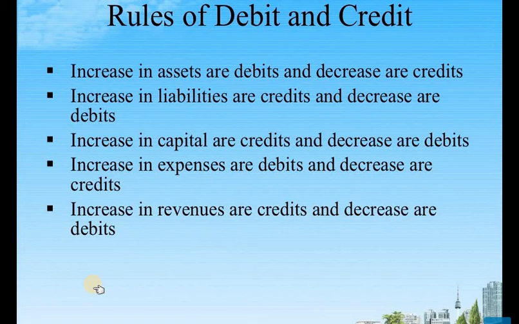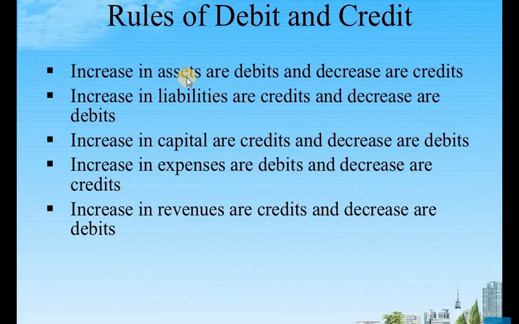So we have again the rules of debit and credit. Why we have to debit, why we have to credit? When you know the rules, solving problems becomes still simpler. Increase in assets are debits and decreases are credits. When an asset is increasing then it is debit, when it is decreasing then it is credit.